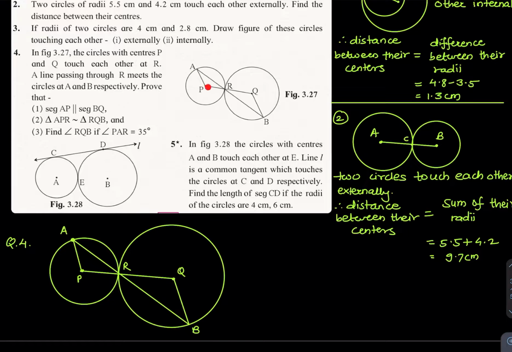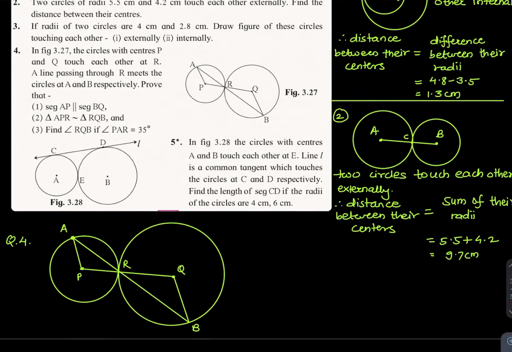Then second is triangle APR similar to triangle RQB. And third question is, find angle RQB if angle PAR is 35 degrees. So angle PAR is given and you have to find angle RQB.